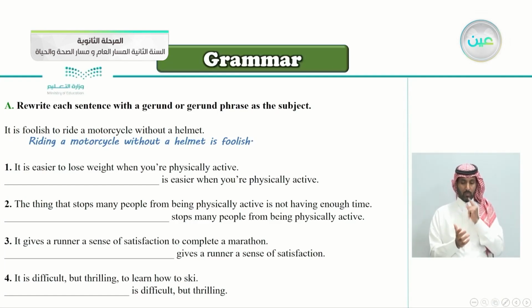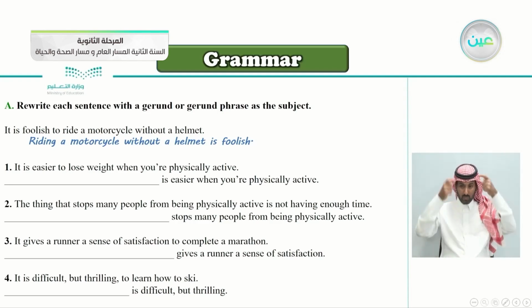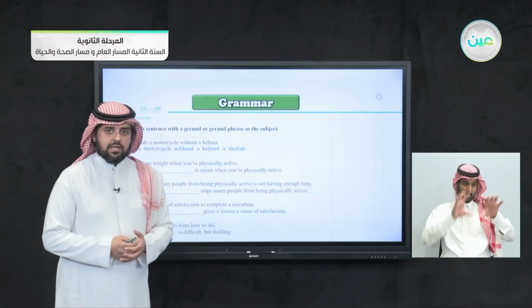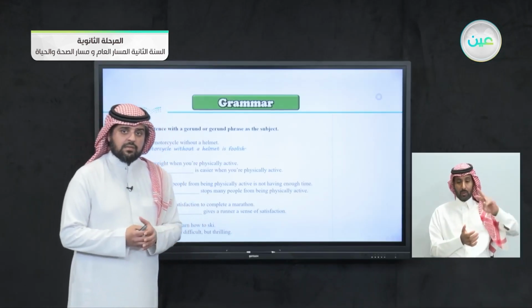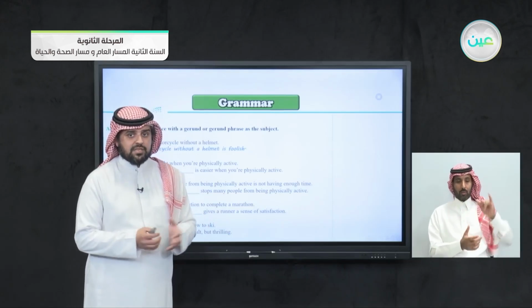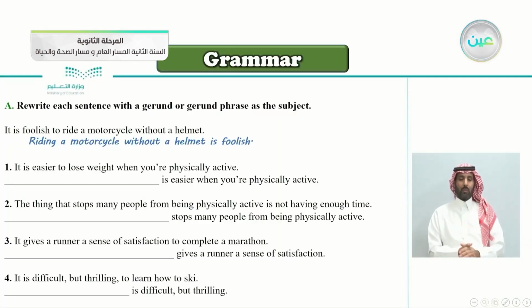It is foolish to ride a motorcycle without a helmet. And we use the gerund here: riding a motorcycle without a helmet is foolish. So we just have to rearrange the sentence and use the gerund as subject to get the correct form.